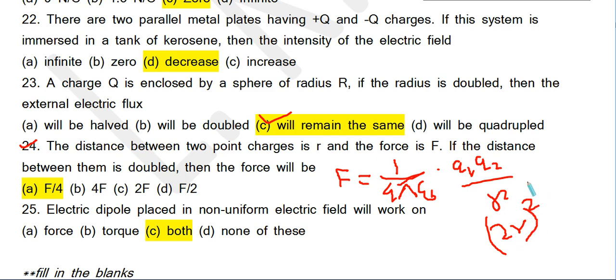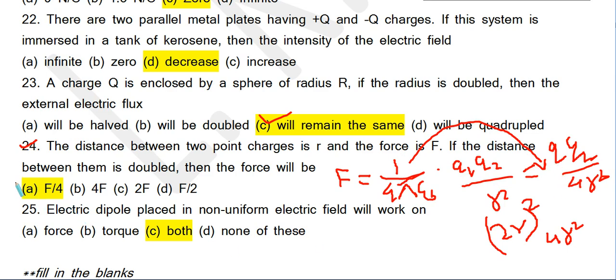Hence when the square is opened, it becomes 4r square. Thus this formula can be written as q1 q2 upon 4r square. With the constant, it becomes 1 upon 4 times, that is, the force becomes F upon 4.